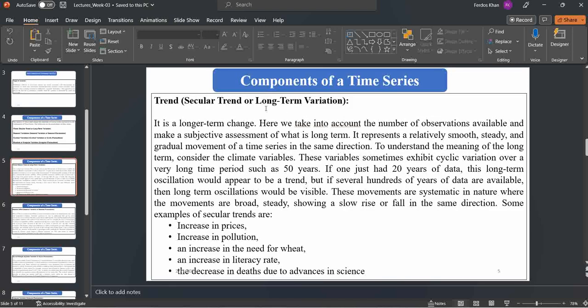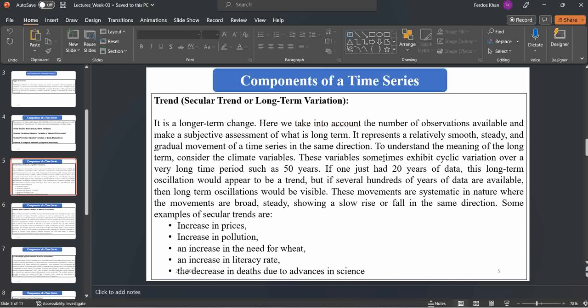Trend, or the secular trend, or the long-term variation. It is a long-term change. Here we take into account the number of observations available and make a subjective assessment of what is long-term. It represents a very smooth, steady, and gradual movement of a time series in the same direction. To understand the meaning of long term, consider climate variables.